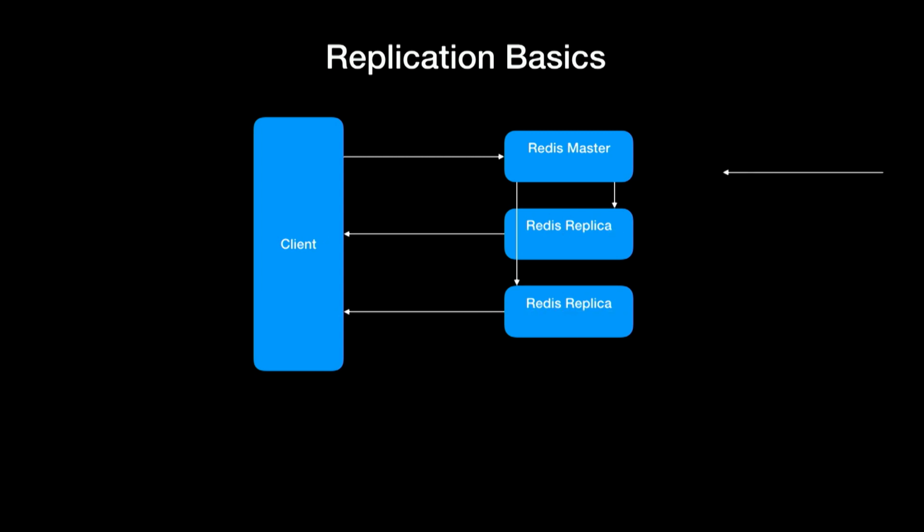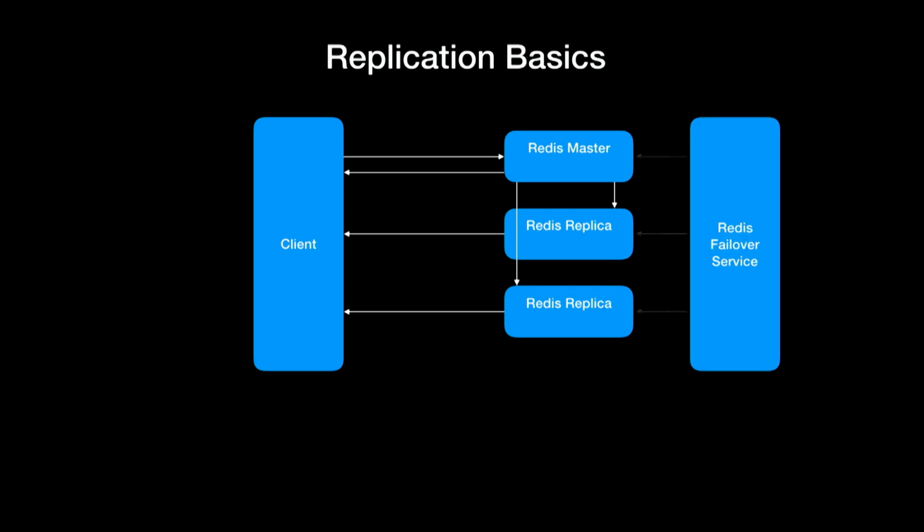From that point onwards, the client can read from the replicas, or it can also read from the leader. Pretty straightforward. Along with the replication, generally you have a Redis failover service. It could be Sentinel or something else. It monitors your Redis masters and Redis replicas. If the master dies, it can promote an existing replica to the new master. So this is generally the idea.